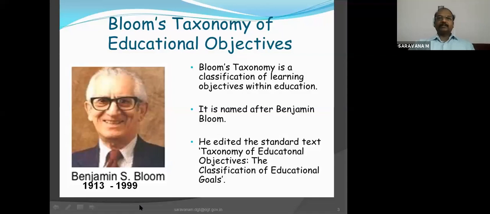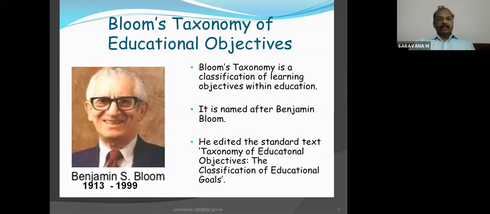In the system of education, many educationists and psychologists have contributed in a great manner. Their contribution may be related to psychology, to motivation, to the education system, or even curriculum development. Like that, one among the pioneers in the education system who has given a great contribution to teacher education particularly is Dr. Benjamin Bloom.